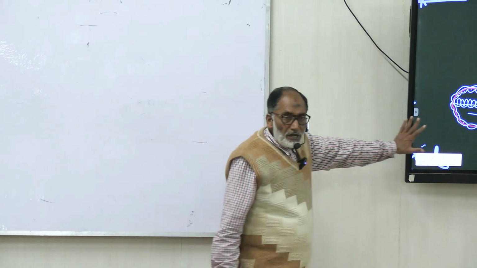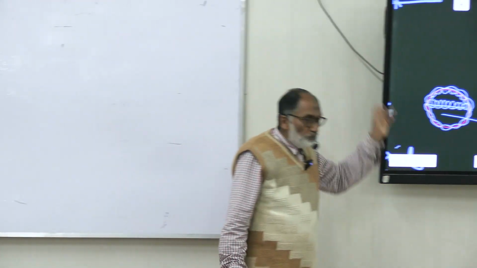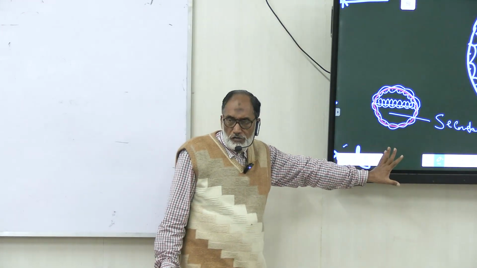Now, the structures I told you before: the most peripheral one is the trophoblast.